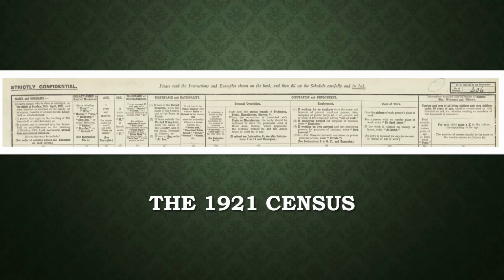The second sub-column is for a person's actual occupation or trade. The third sub-column is for whether they are working for an employer or employing persons themselves or working on their own account. And the fourth sub-column is for the place of work, which will be of useful interest for genealogists.